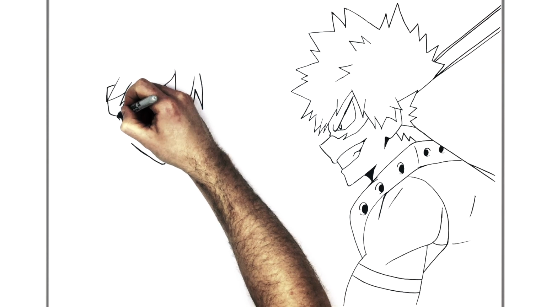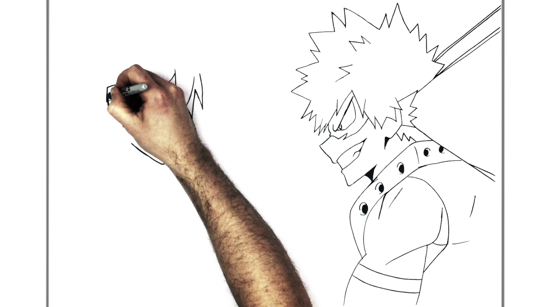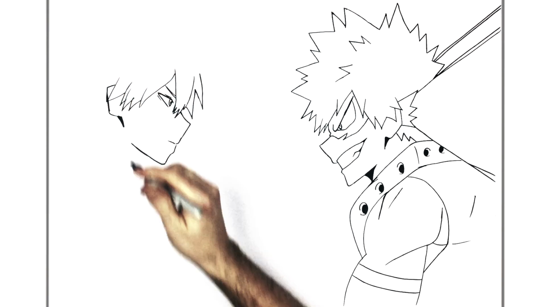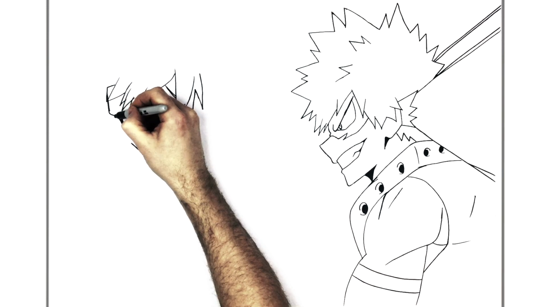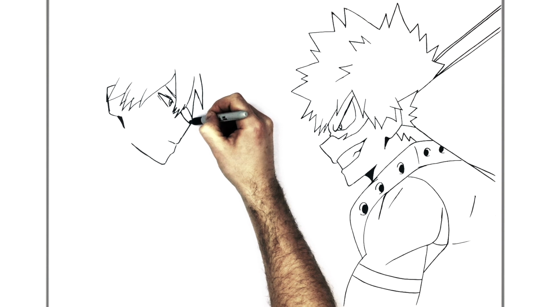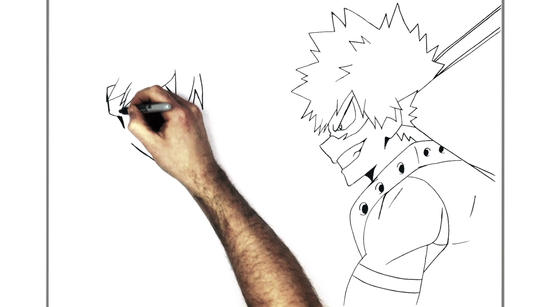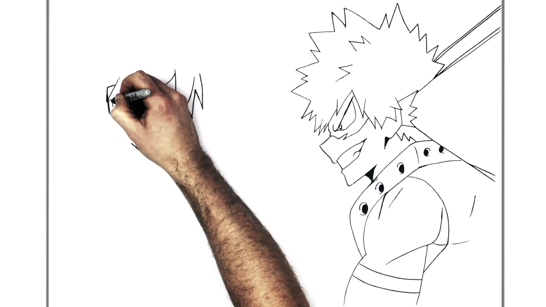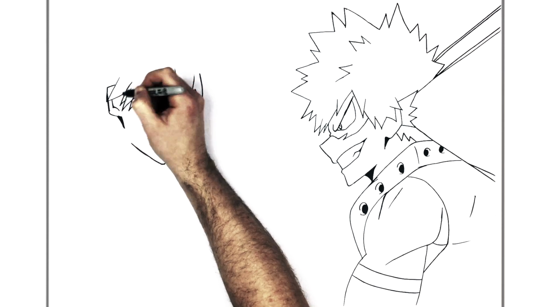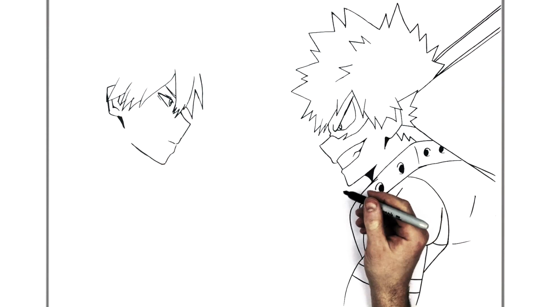And like Bakugo, there's like a shadow underneath the ear, just in here. That. So his earlobe's in line with like his nose, just here, and the top of the earlobe is in line with just his eyebrow. And then we have some bones and ligament lines inside, like in here. Not too much, but a little bit in there.